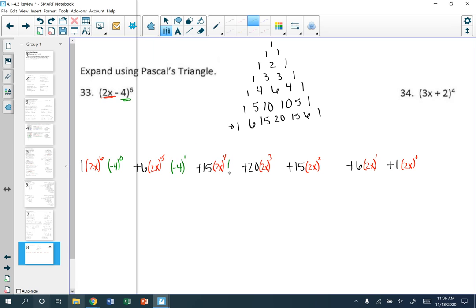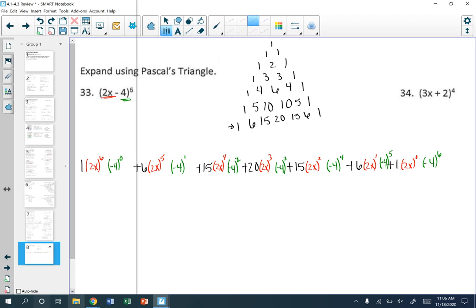So I increase by 1 every time. And remember, our exponents should always add to be our degree, which is 6. Okay, now I'm going to go ahead and simplify.